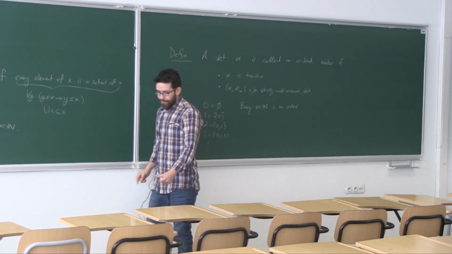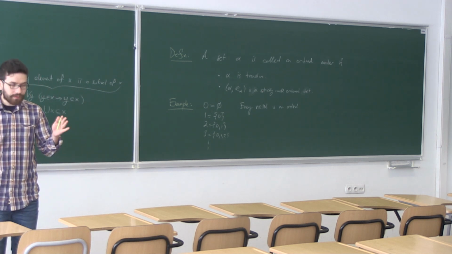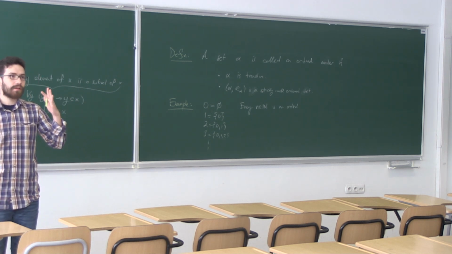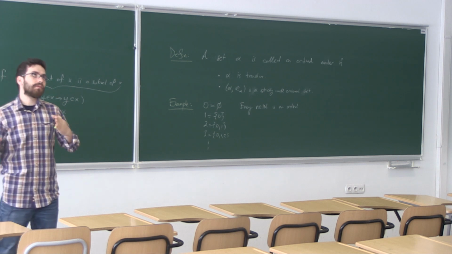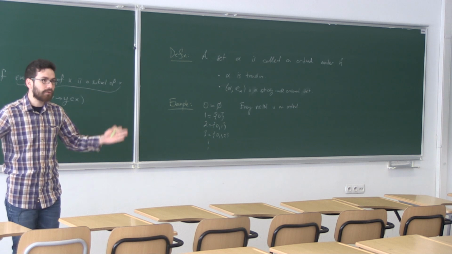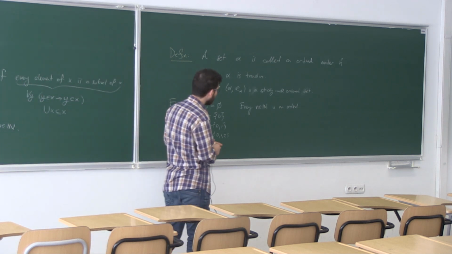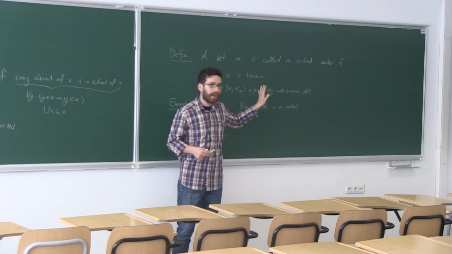Now, what other examples do we have? We're going to prove that the class of ordinal numbers is a proper class, not a set. So there are actually too many ordinals. But before I do that, I need to prove some abstract lemmas.